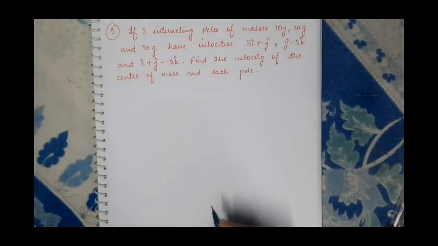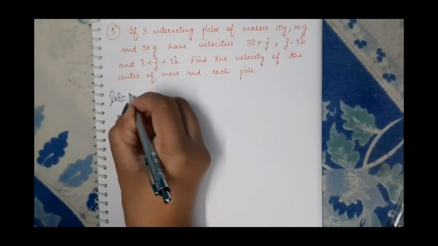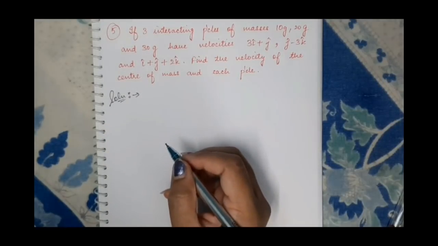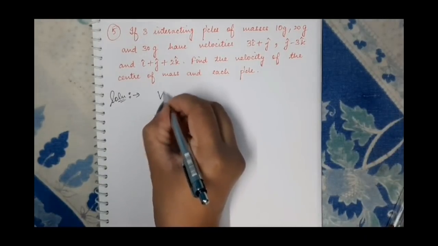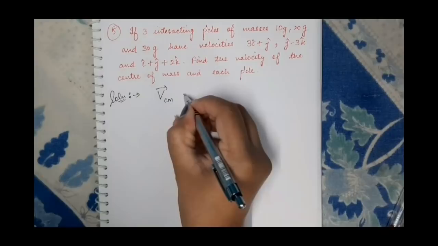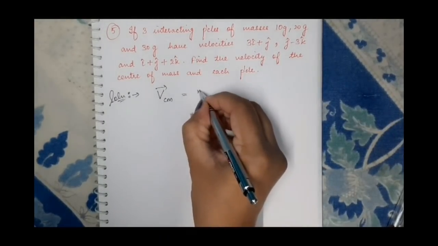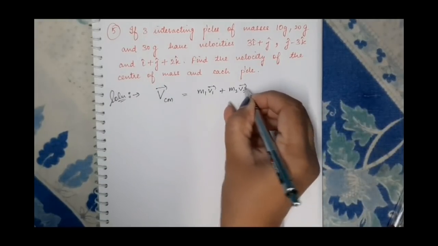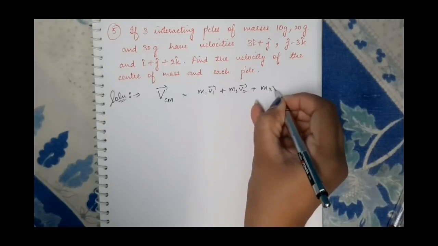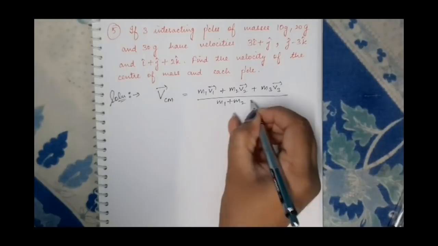In the properties of center of mass, we have derived the formula for the velocity of center of mass. So the velocity of center of mass will be m1 v1 vector plus m2 v2 vector plus m3 v3 vector divided by m1 plus m2 plus m3.